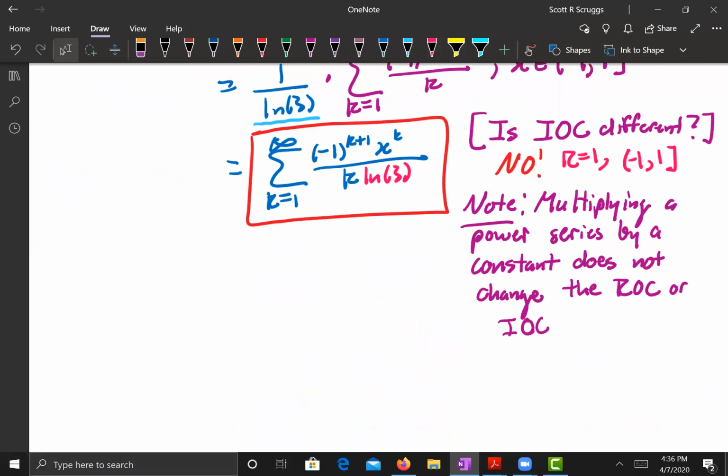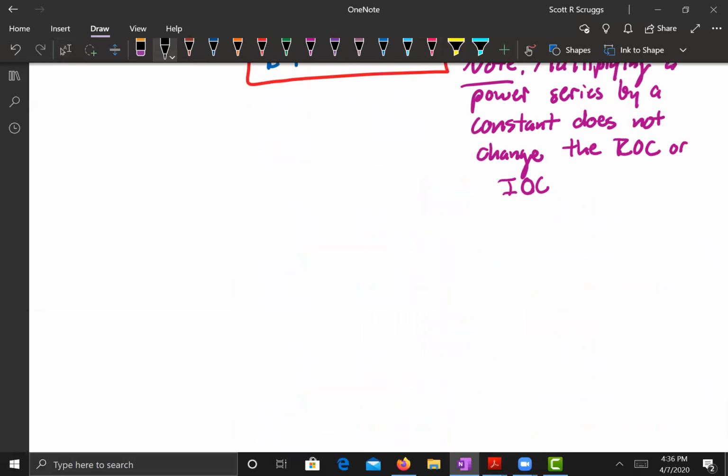And I say for the next example, for the next problem, is going to be very similar. 2 over 1 minus x cubed, where a equals 0.